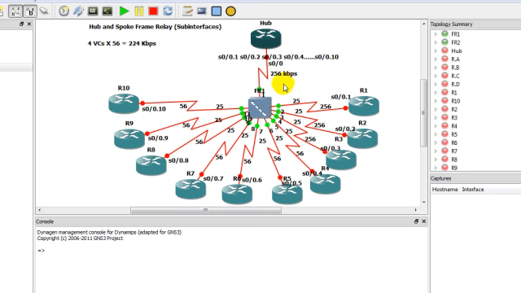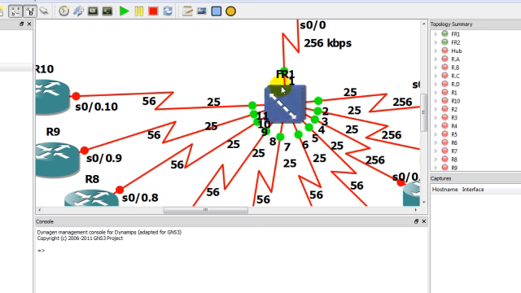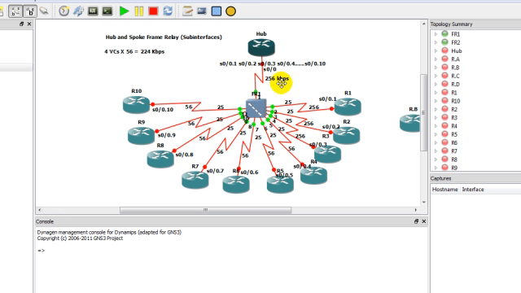And also the total bandwidth of all sub-interfaces should not exceed the available bandwidth of the access line. So this is a very important issue.